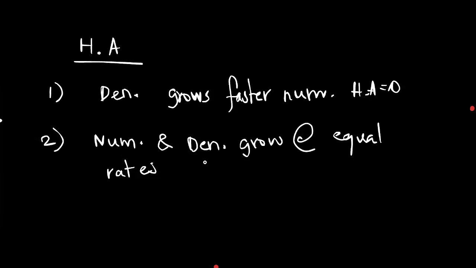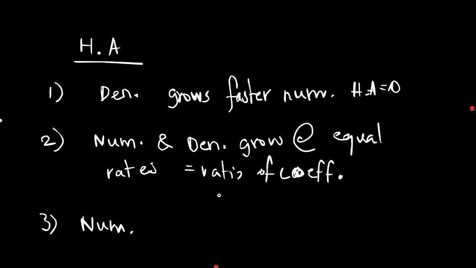So here it's just going to be the ratio of coefficients. And now the third rule, right? We saw the denominator growing faster than the numerator. If the numerator and denominator grow at equal rates, that leaves us with: if the numerator grows faster than the denominator, then what happens there?